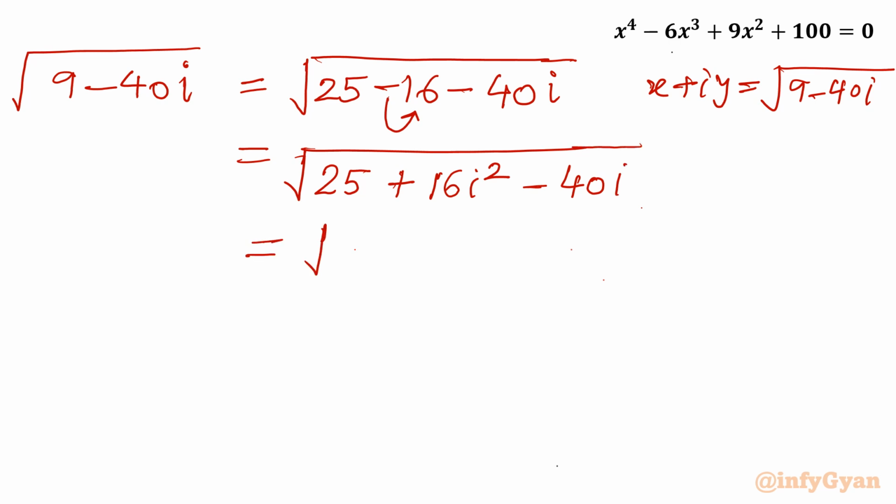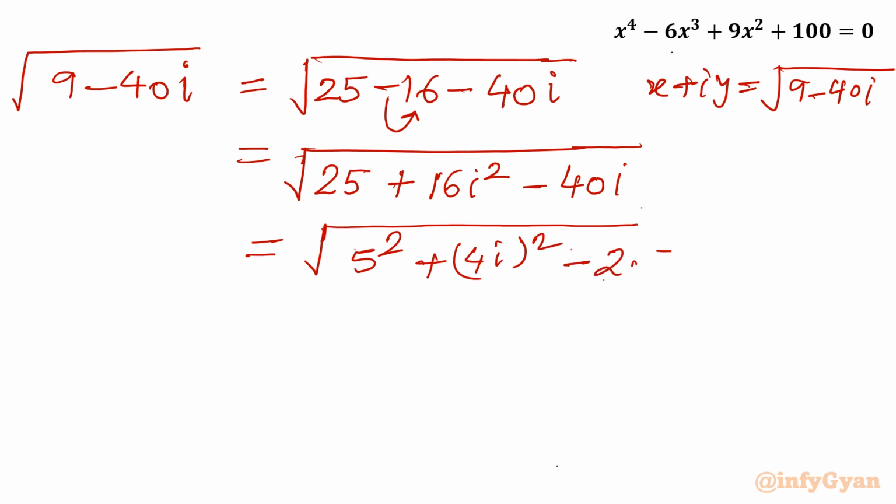Then I will write this one as 5 square plus (4i) whole square. Then it is minus 2 times 5 times 4i. Check, 2ab. So 2 times 5 is 10, 10 times 4 is 40. It is there. i is there. 16, yes, it is matching.